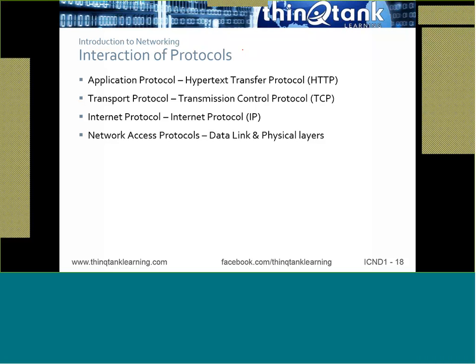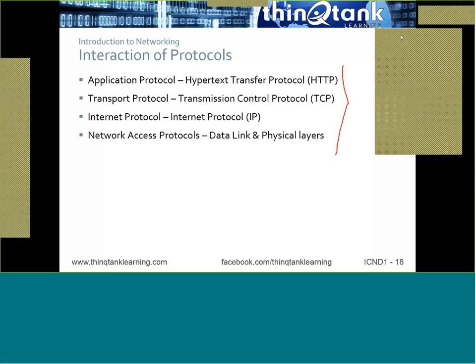And IP runs on top of some sort of data link layer function, right? This is what we call the protocol stack. And every protocol that we use, now not all protocols go all the way up to the top of the stack. Some protocols stop at layer 3, some protocols stop at layer 7, some protocols stop at layer 2. But protocols interact with each other all the time. And this interaction is what we're going to be learning about throughout the next few hours.